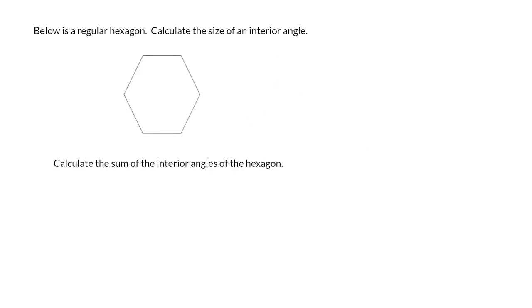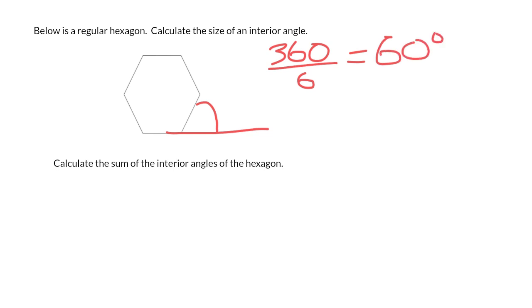Now here I've got a regular hexagon. Again, regular means that all the angles are the same and all the lengths are the same. So I'll start off by finding my exterior angle. So 360 divided by 6, this is 6 sides, which gives me 60 degrees.